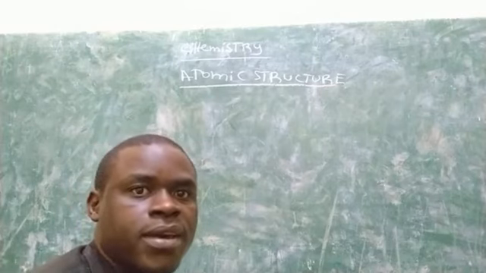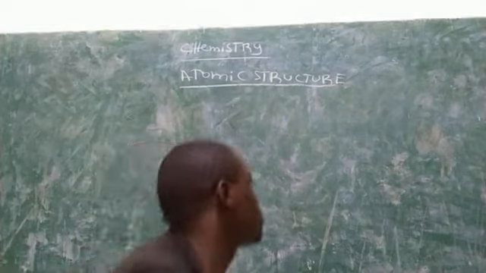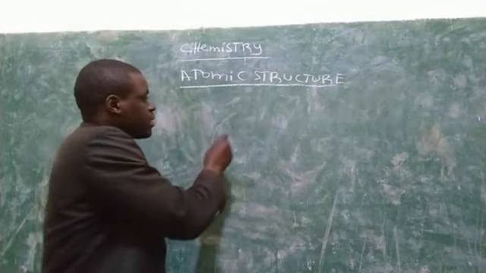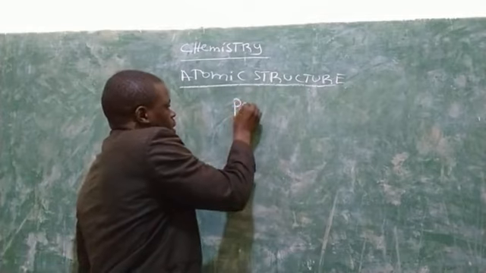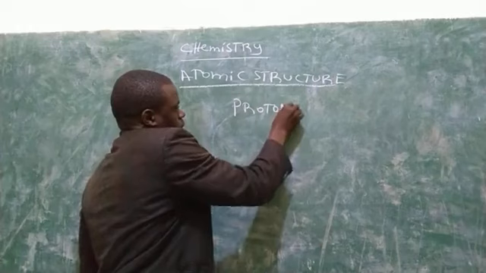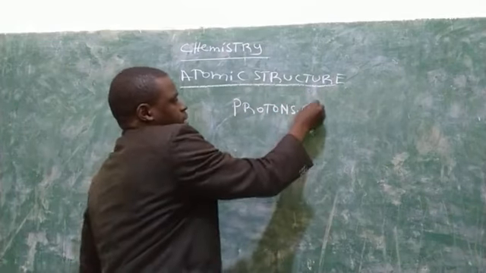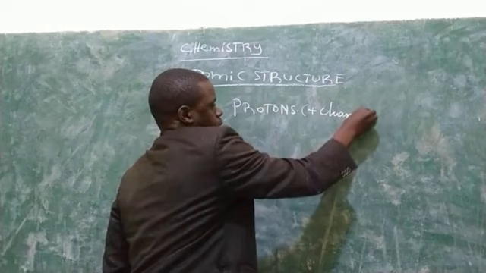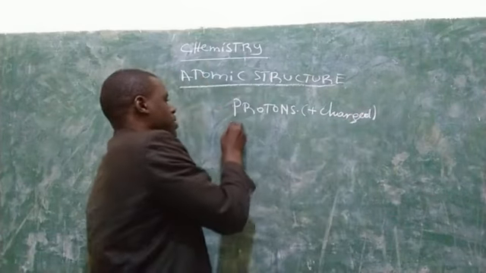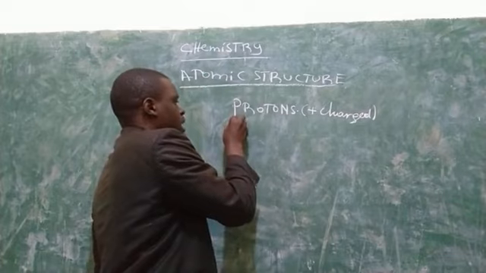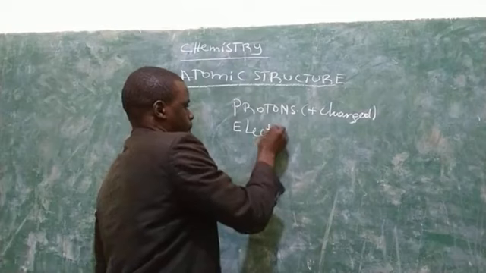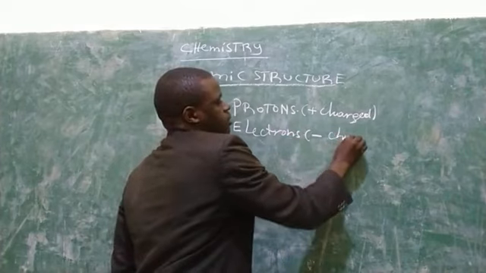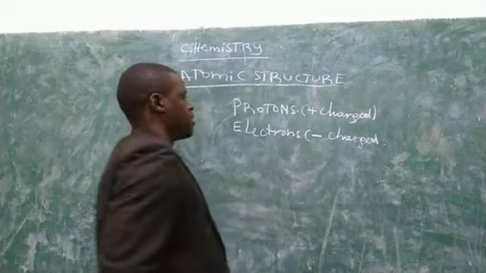We have seen that an atom has three main particles: protons, which are positively charged, and electrons, which are negatively charged.